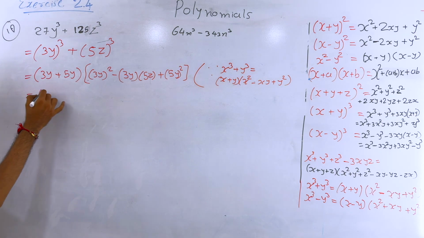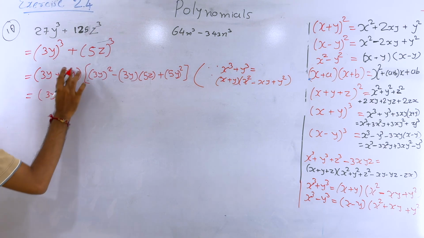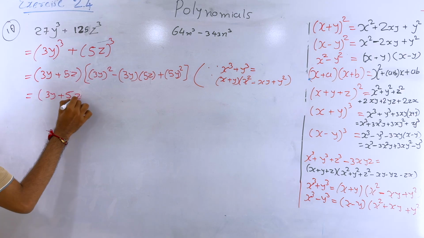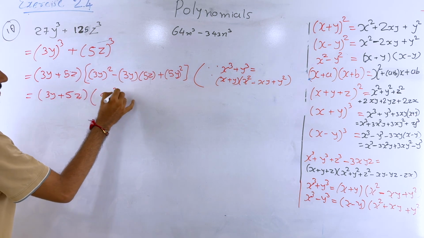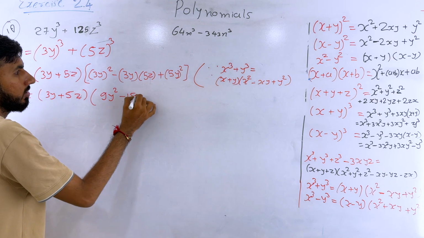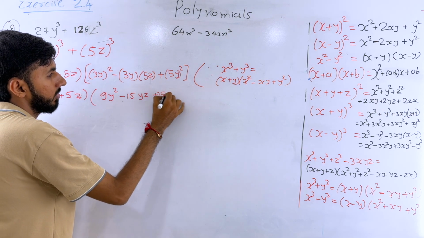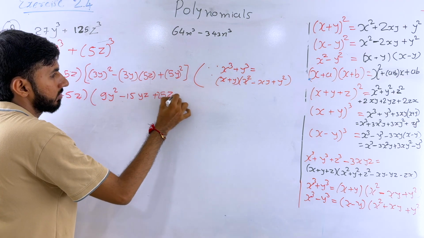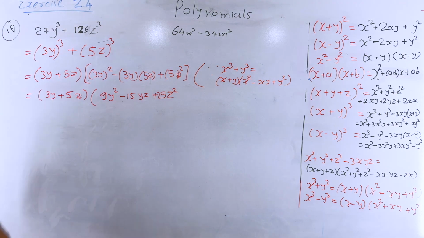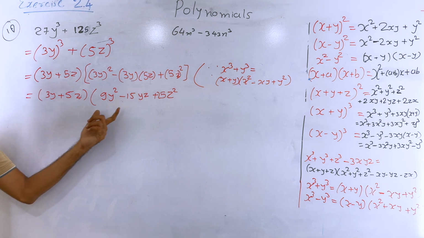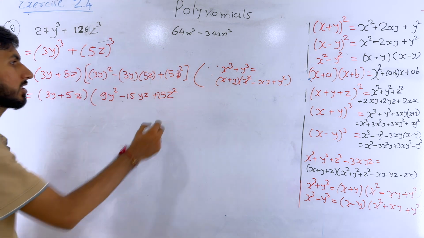So my answer will look like, sorry, here I have z. 3y plus 5z in the first bracket, second bracket will look like 9y square minus 15yz plus 25z square.